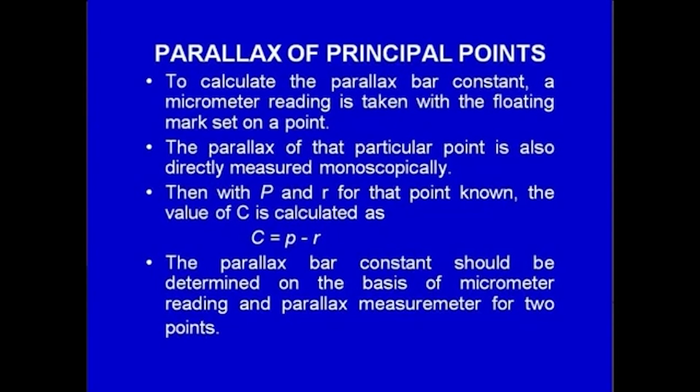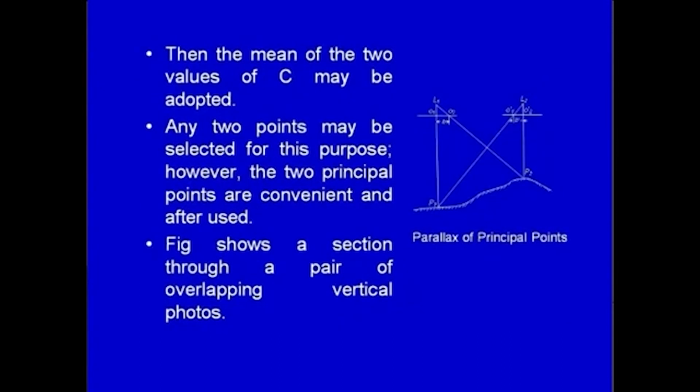Then, with P and R for that point known, the value of C is calculated as C is equal to P minus R. The parallax bar constant should be determined on the basis of the micrometer reading and the parallax measurement for 2 points. Then the mean of the two values of C may be adopted. Any 2 points may be selected for this purpose. However, 2 principal points are convenient and often used.